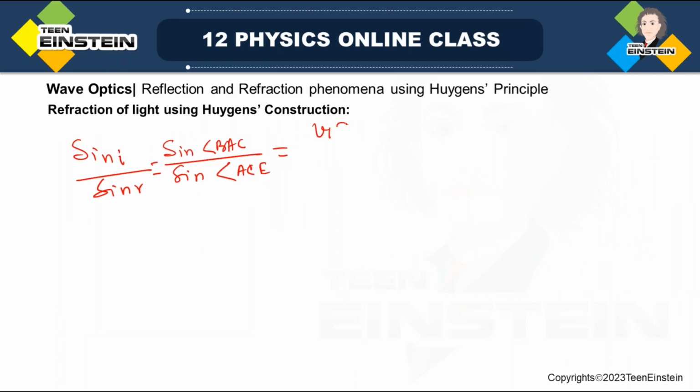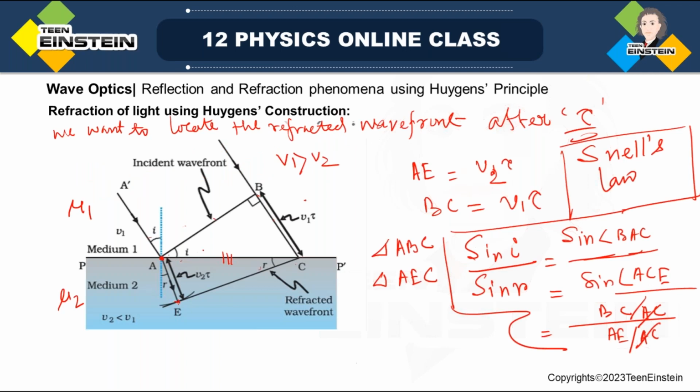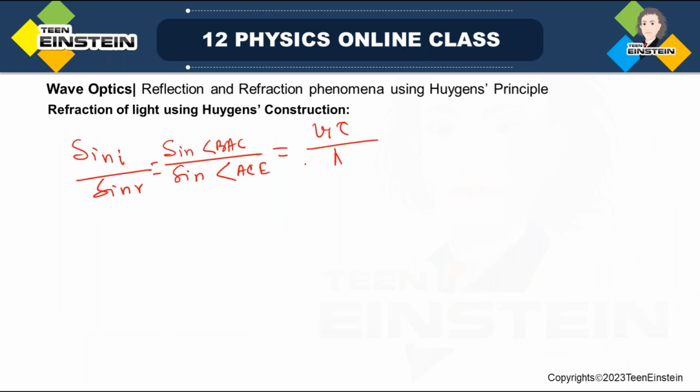BC means v1 tau. AC will cancel each other. Here you will get sine of ACE, which means AE by AC. So AC will cancel each other, that I have shown you. AE is actually v2 into tau. Okay.